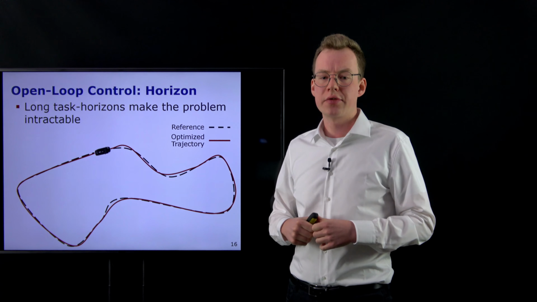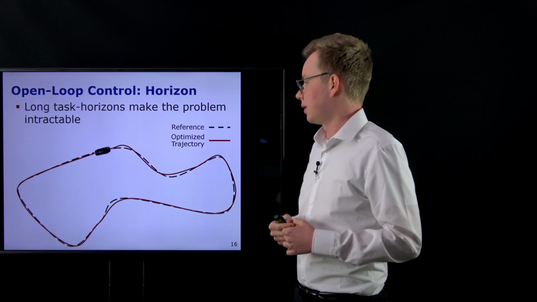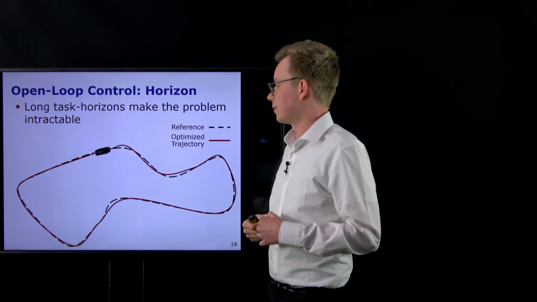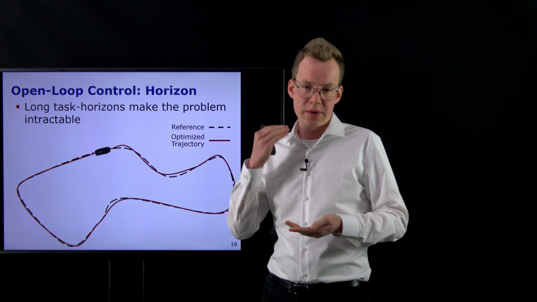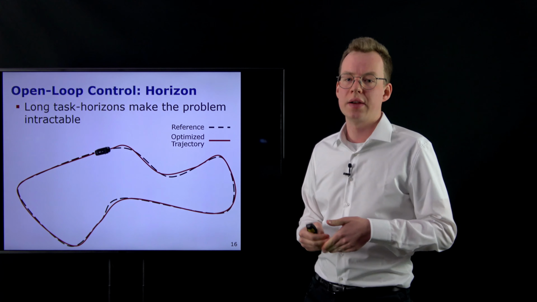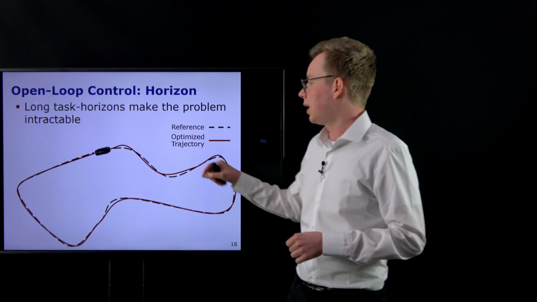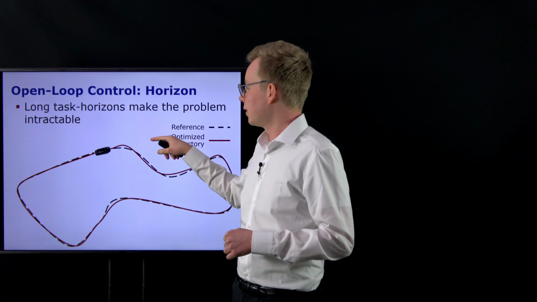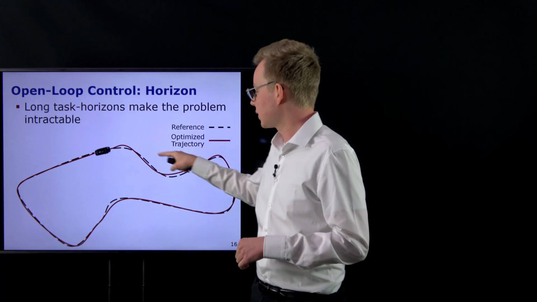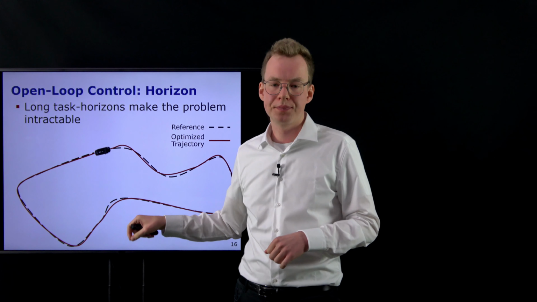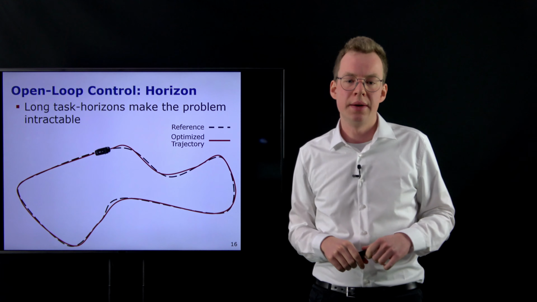And the second reason why just applying this technique is not a good idea is that even if we had the perfect model, so maybe we perfectly knew how our system behaves to the inputs that we apply, we may have a very long task horizon. Imagine that we have this car that is tasked to follow this dashed reference line around this loop.